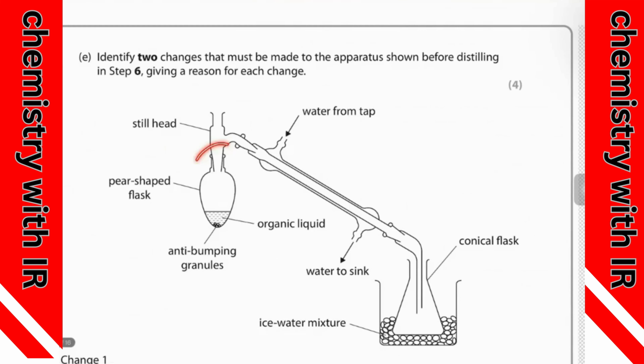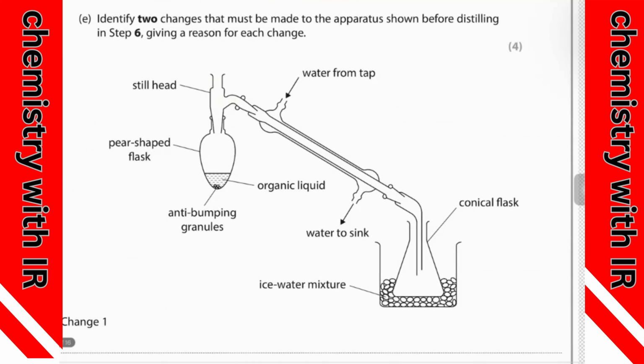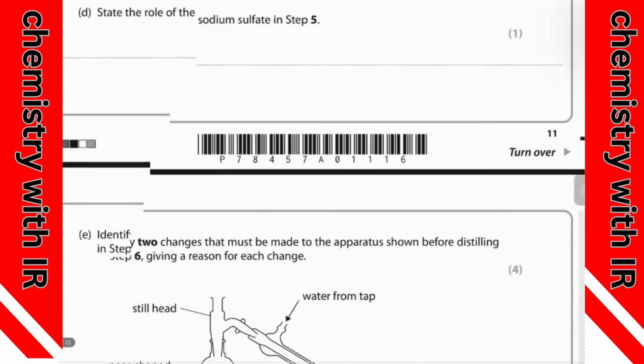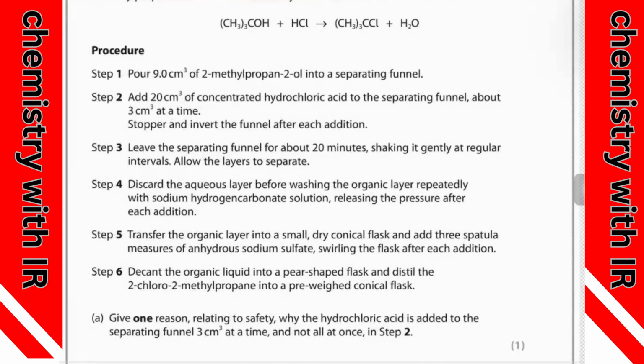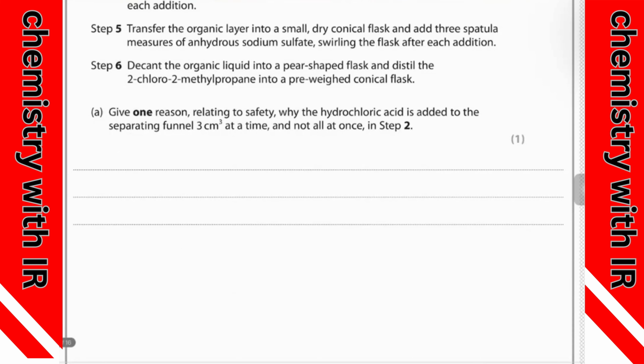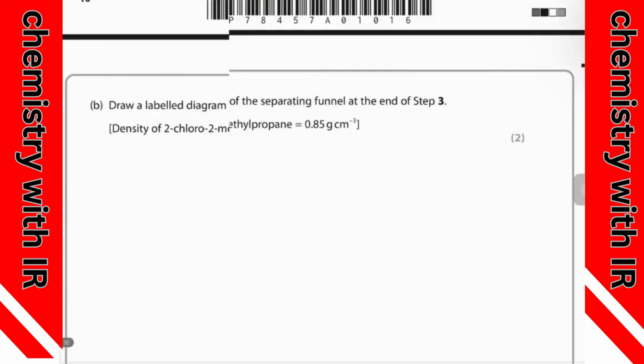There is a difference between this and an exact separating funnel, but according to this, when you add all the hydrochloric acid at a time, the pressure can build up. That can also harm you, so you can write any one of the points. I'm going to write: can build up pressure. That's why we are not supposed to add all the HCl at once.